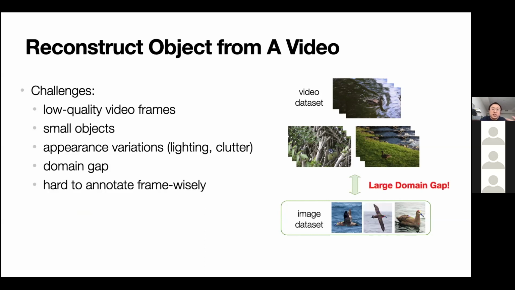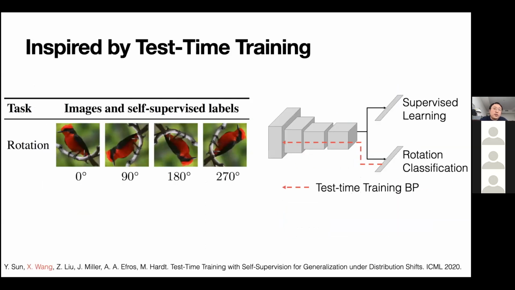So instead of using human annotations to solve this adaptation problem, our work here is inspired by one of our recent works on test time training with self-supervision. Since in self-supervised learning, we can always have the labels for free, we can even apply it during test time when we apply this model on the video.